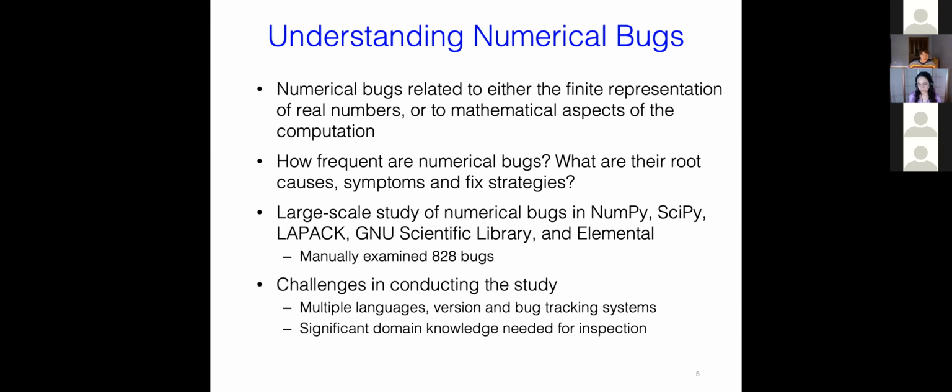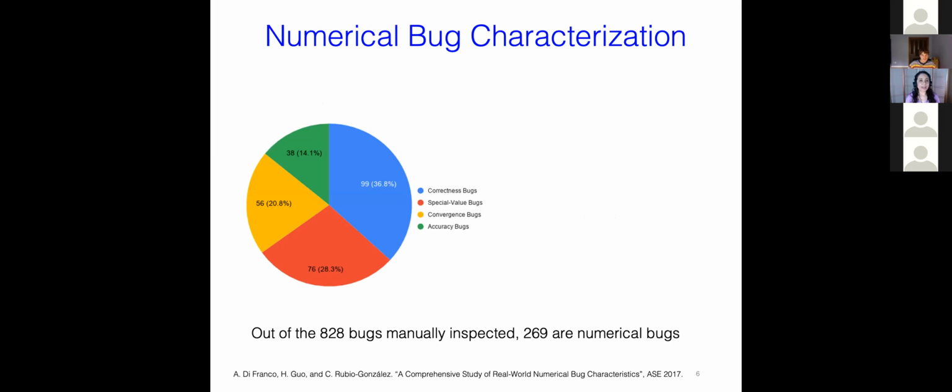So it was a time-consuming and difficult process. I just want to give you some takeaways from this study. We found that 269 out of 828 bugs that we inspected could be classified as numerical bugs. So this was 32% of all the bugs.